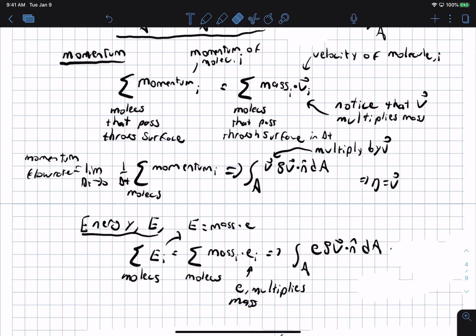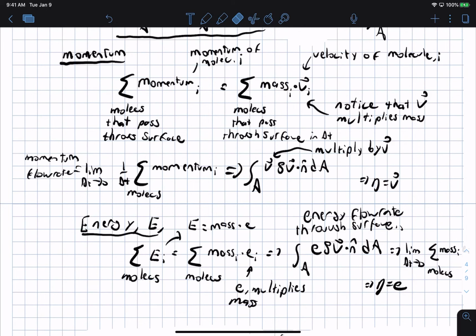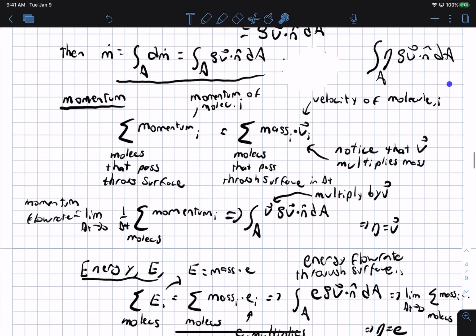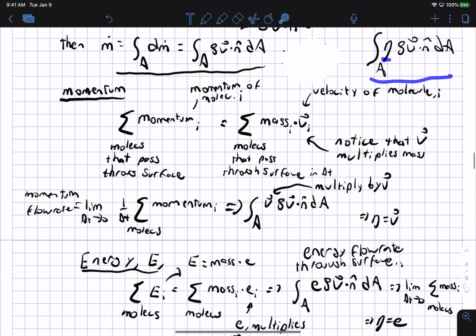But essentially, the flow rate of energy through the surface, which is this expression here, is just given by the area integral of E times rho v dot n hat dA. Okay? And this implies that if you use this very generic formula here, and you look at where eta is, we have the internal energy E.